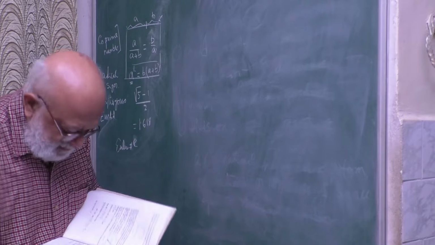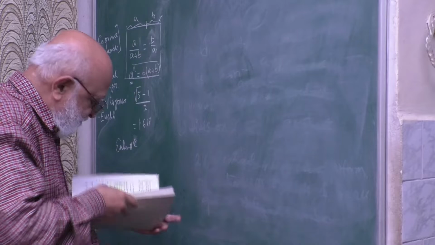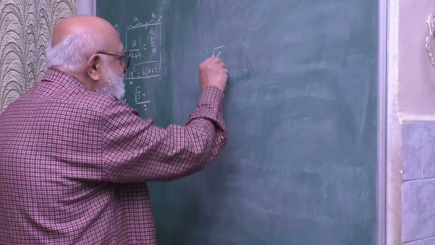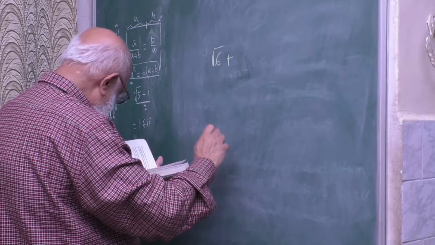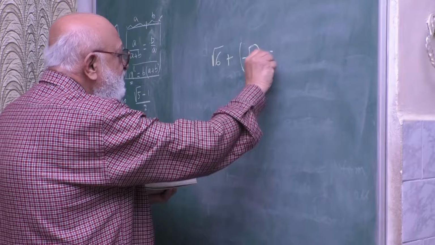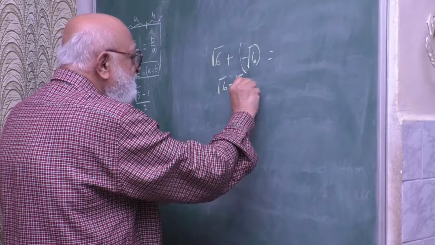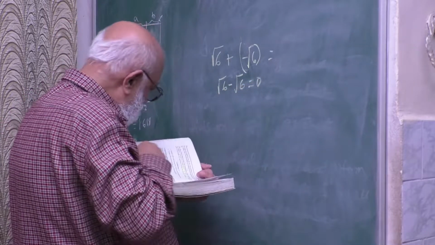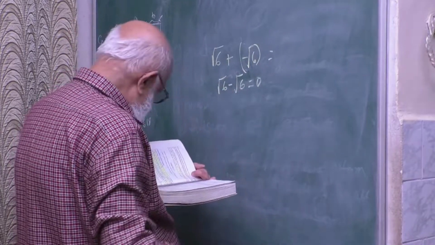Let us say, for example, we add root 6 and minus root 6. This will be root 6 minus root 6, which is equal to 0. And 0, you know, is a rational number. So the sum of two irrational numbers gives you a rational number.